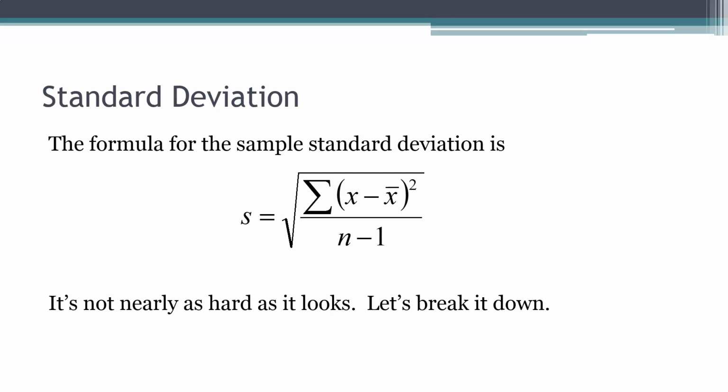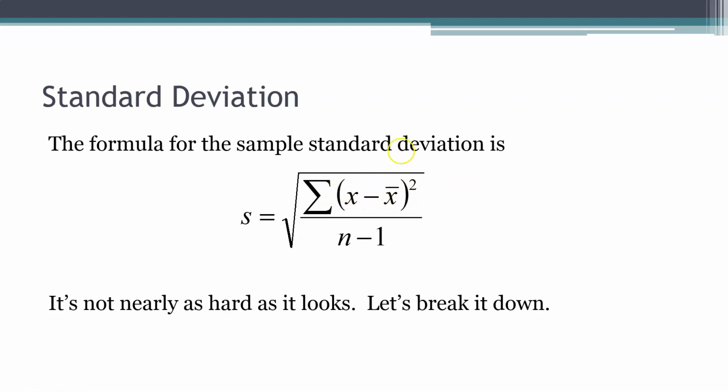So here's a formula for the sample standard deviation. It looks like a lot, but here's what it's doing. If we start from the inside, we take every observation, that's what x is, and we subtract the sample mean from each one of those, which means we have to first find the sample mean before we can calculate the standard deviation.